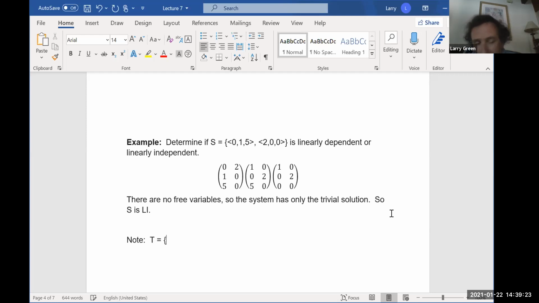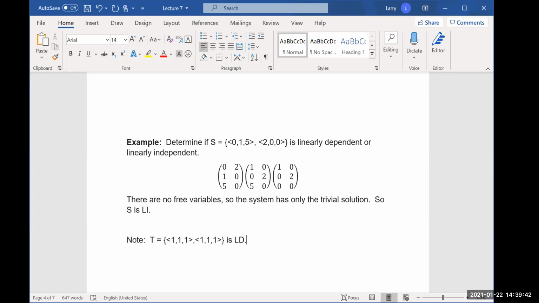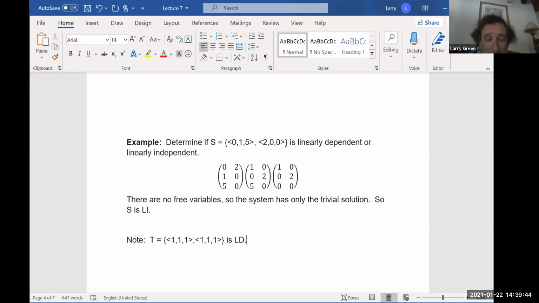If T is a set, I'm going to make it really easy. 1, 1, 1, comma 1, 1, 1. Pretty boring set. Is it linearly dependent? Do you agree those are dependent? Yeah, you just say 1 times the first plus -1 times the second is definitely the 0 vector. That's an example, so that makes it linearly dependent.